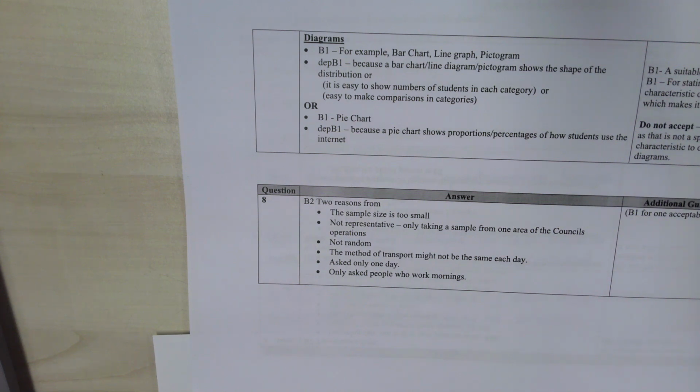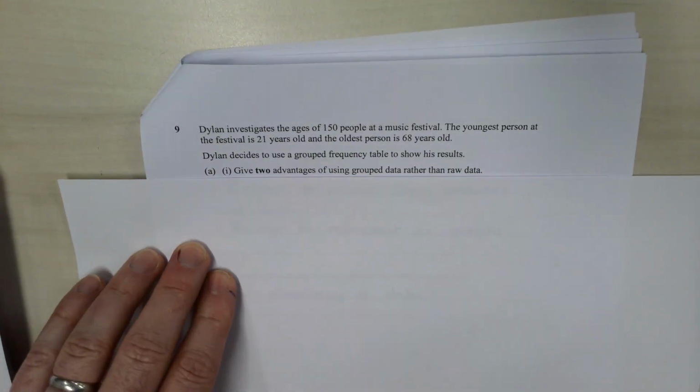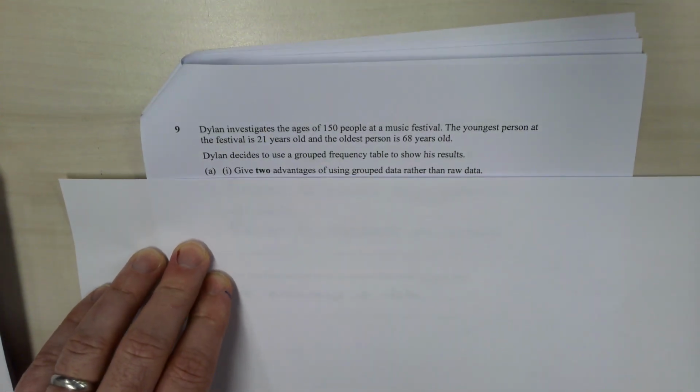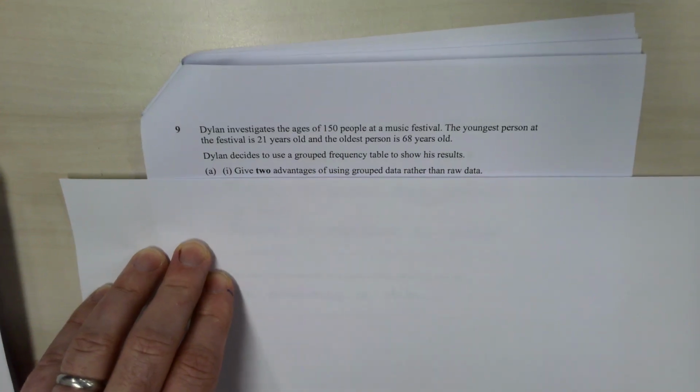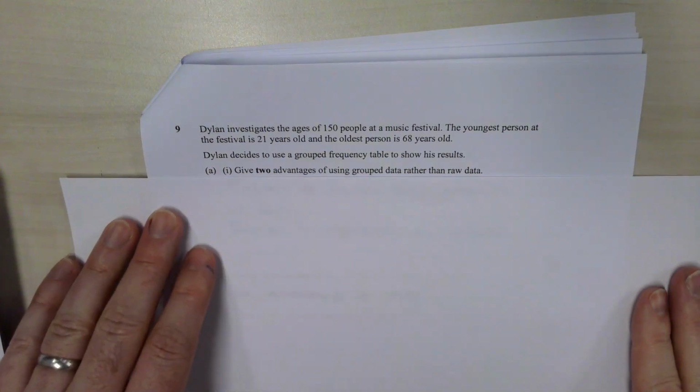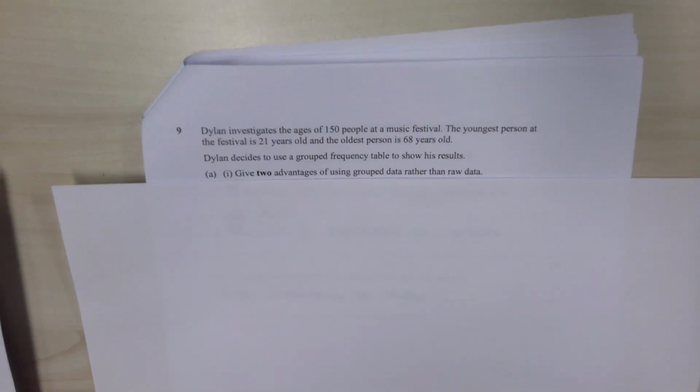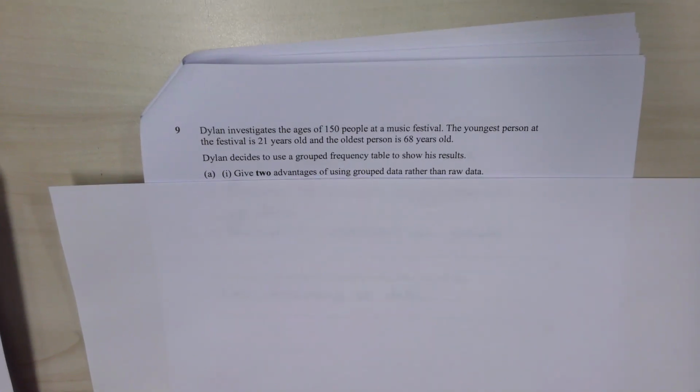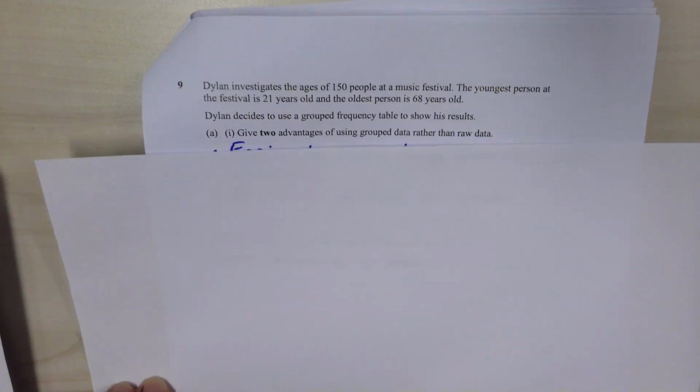For question 9, we're told that Dylan investigates the ages of 150 people at a music festival. The youngest person at the festival is 21 years old and the oldest person is 68 years old. Dylan decides to use a group frequency table to show his results. We need to give 2 advantages of using group data rather than raw data.